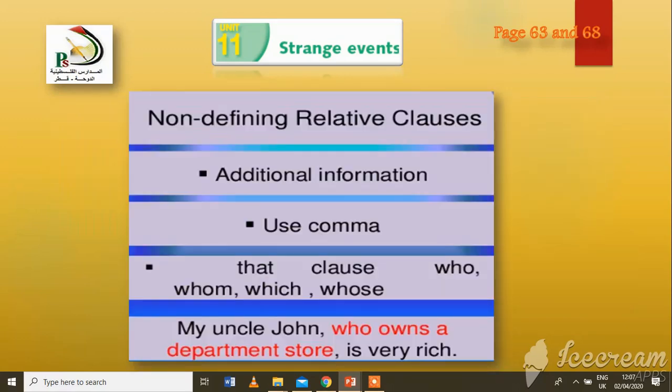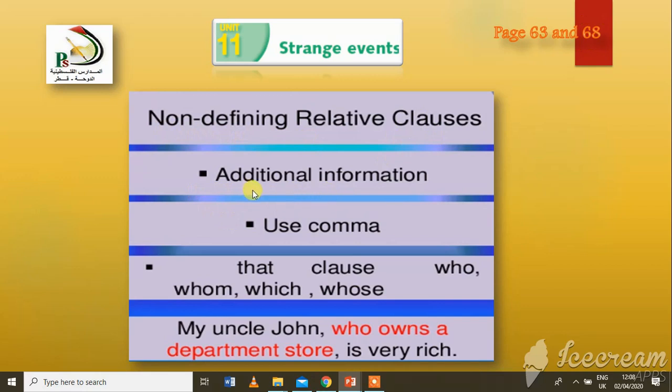Students, after taking a little break, which I gave you for the homework, we are starting our period number 7, page number 68. It is the other relative clause, which is called the non-defining relative clause. It gives additional information.